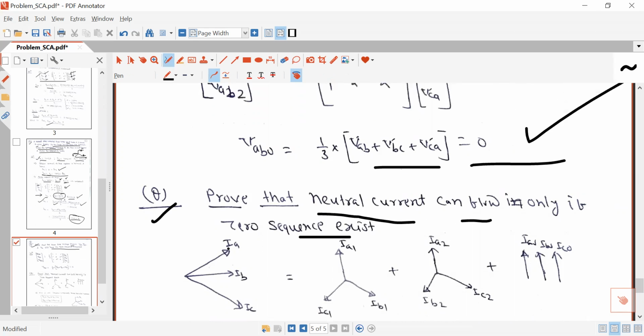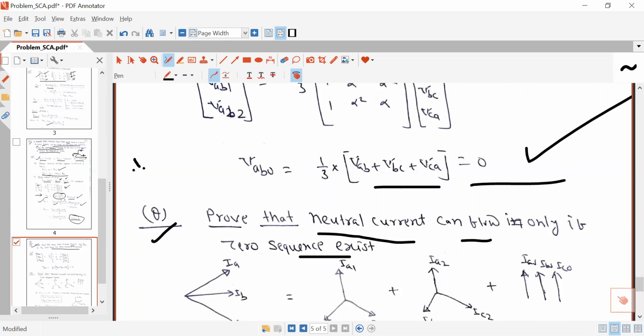Otherwise, neutral current will be 0. In the previous problem, I have shown you that the neutral current is 3 times the zero sequence component. And if the zero sequence component of current is 0, then obviously neutral current will be 0. So in this way you can prove it.